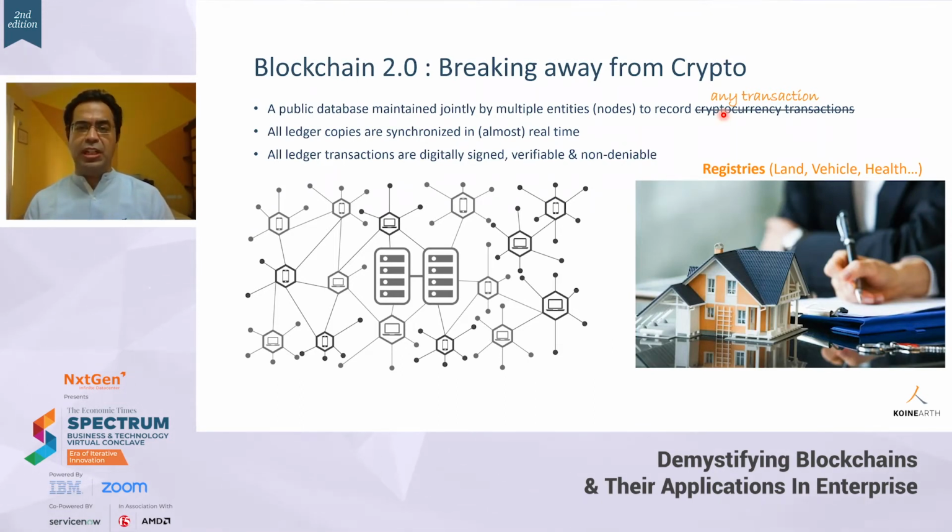Just like cryptocurrency is an asset, you could treat a land or a car as an asset and store on the blockchain ownership of that asset and the transfer of that asset from one party to another. Right? So about 2014 is when this starts to happen, when the blockchain technology starts to break away from crypto.